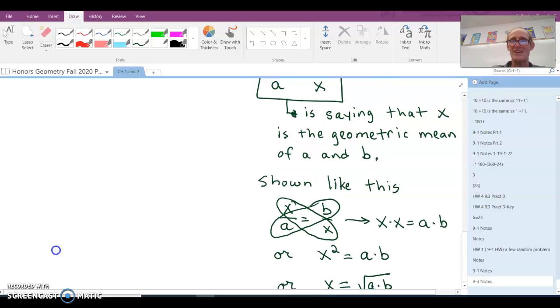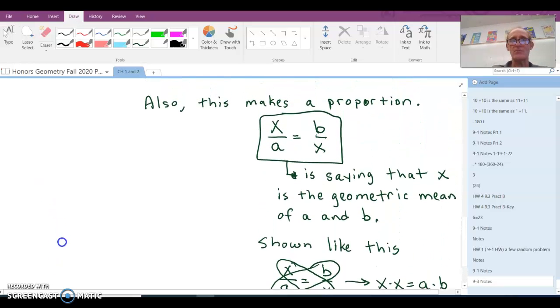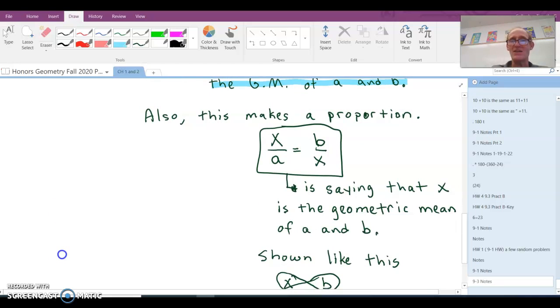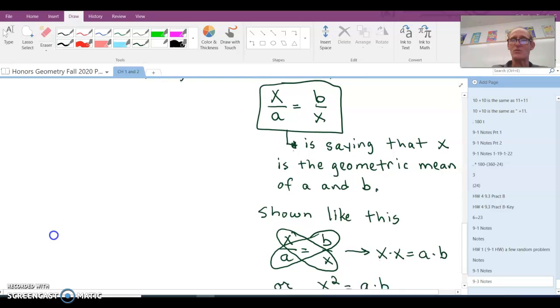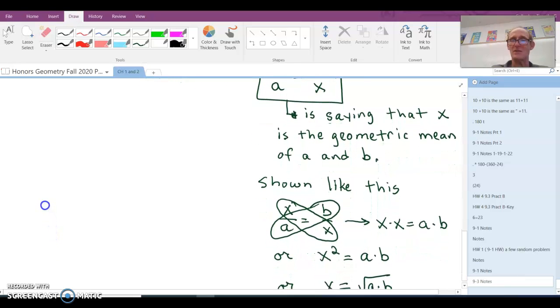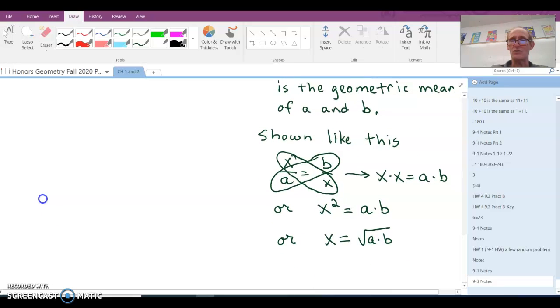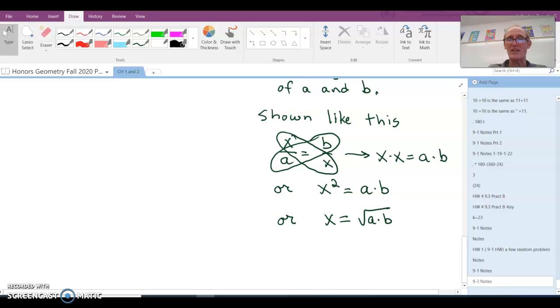Just like I said, x is the geometric mean of a and b, means that x over a equals b over x. And if I apply the proportion rule or the cross product, then x times x equals a times b, or x squared equals a times b, or x equals the square root of a times b. Okay, so the geometric mean.